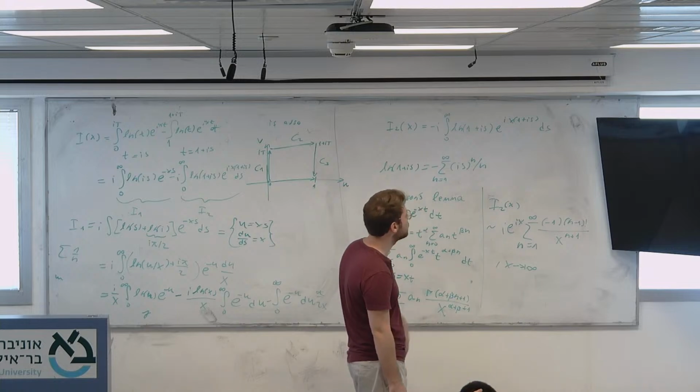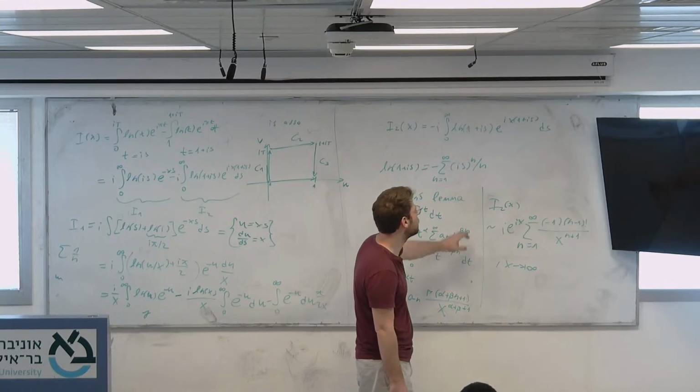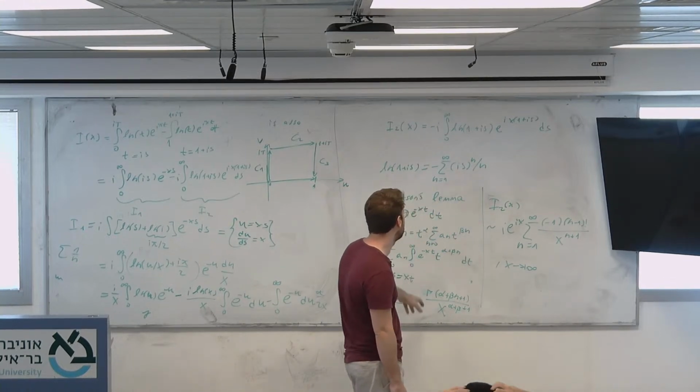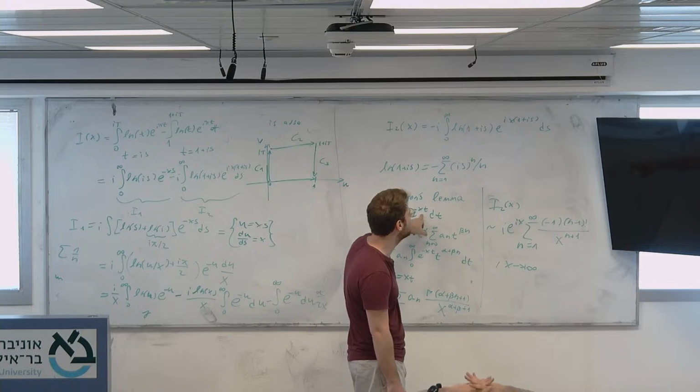You need to also switch variables, right? You need to switch variables as well, instead of the is, because you need to have minus x times t.